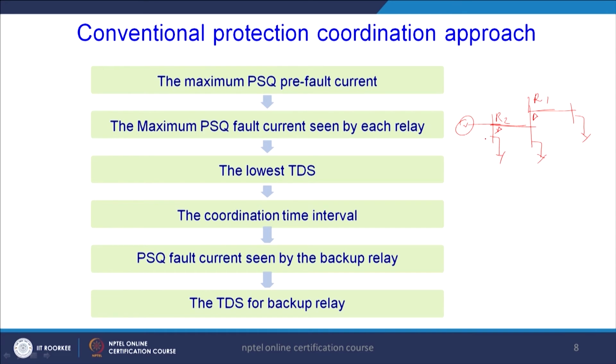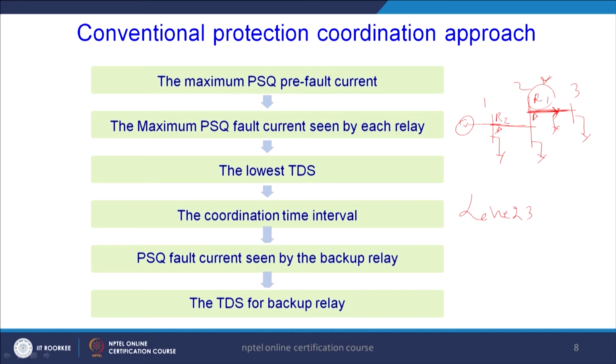Now, for protecting this line 2, 3, this R1 is called the primary relay. So, if any fault occurs at this point, then this particular fault is going to be cleared first by this relay R1, and that is why R1 is called the primary relay.